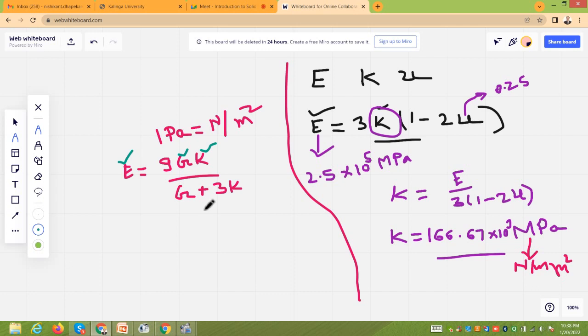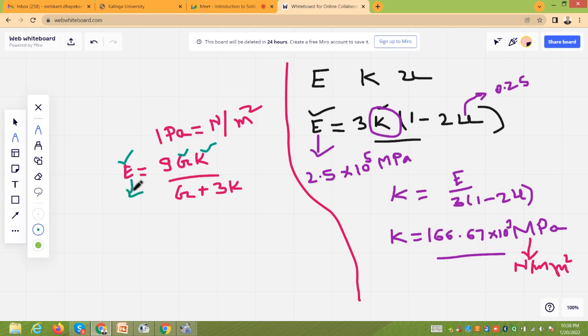If a body is subjected to a load and has some particular area, you know very well that the unit of moduli is the same as stresses.